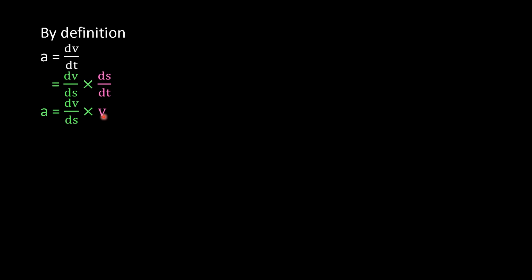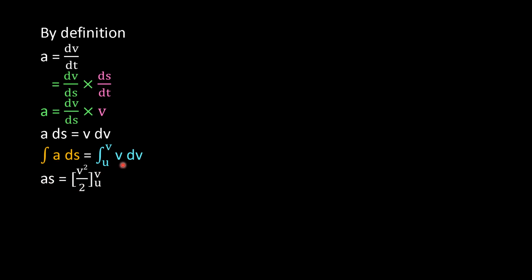So that gives us ADS equals VdV. Integrating both sides, we write integral ADS equals integral VdV from initial velocity u to final velocity v. Integration of A will be AS because acceleration A is constant.